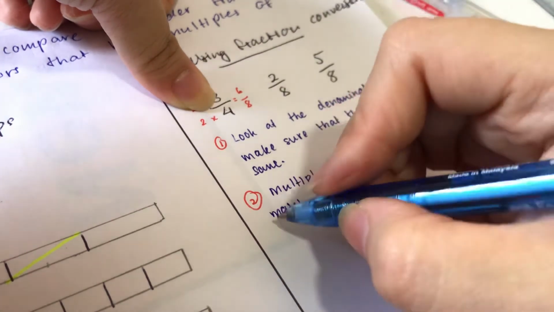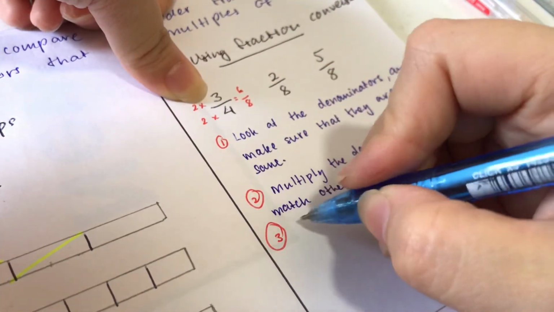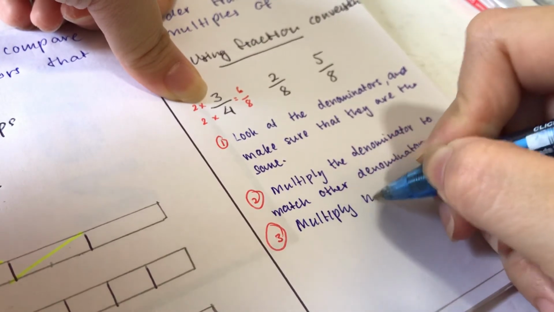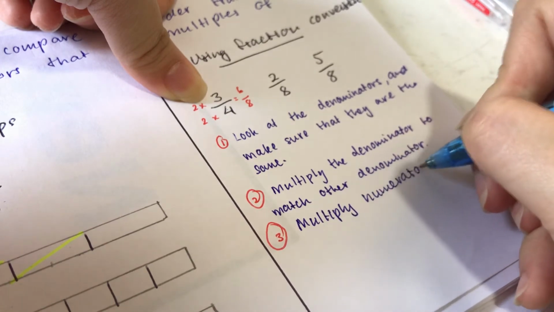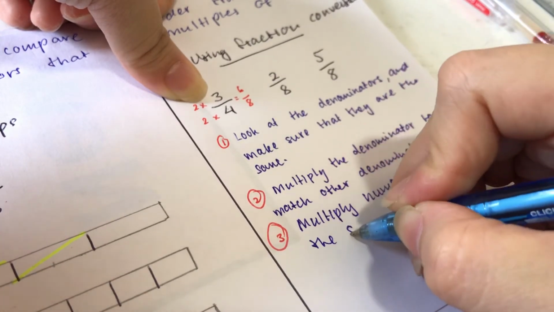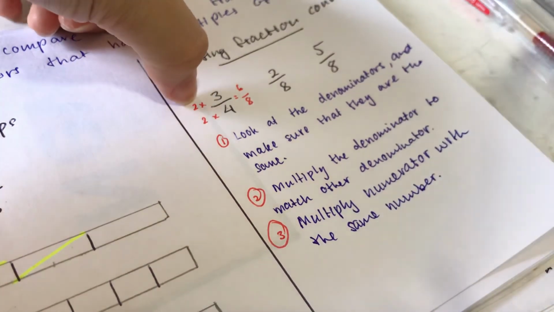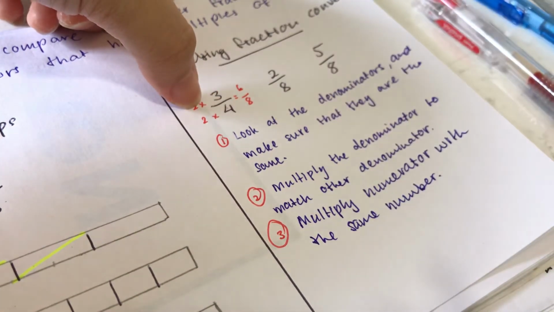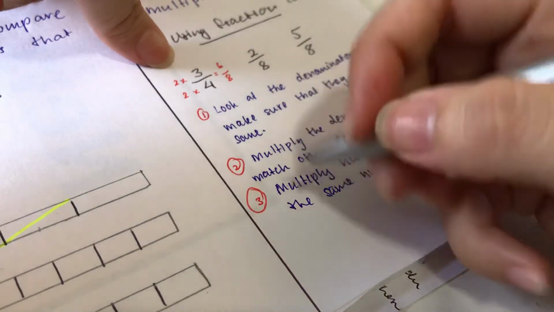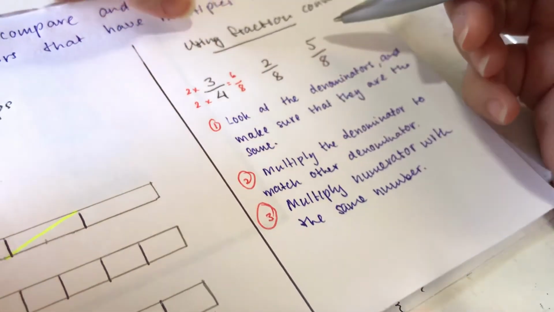If you multiply the denominator, you also have to multiply the numerator with the same number. In this case it's 2. So now we have our new fraction, and we rewrite it like this: 6 over 8, 2 over 8, and 5 over 8.